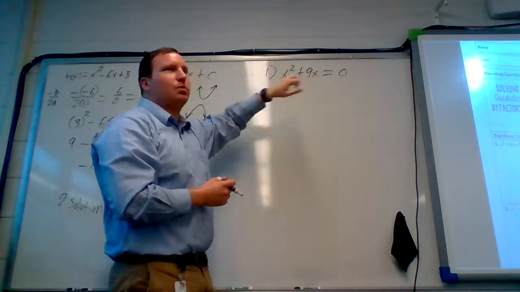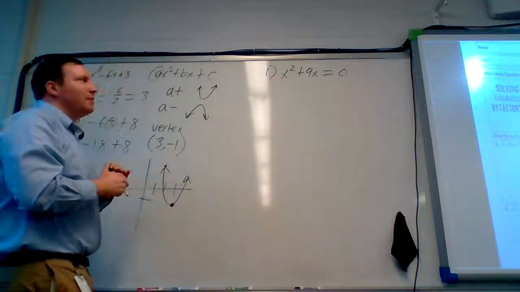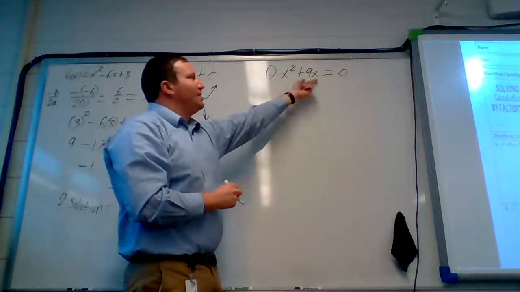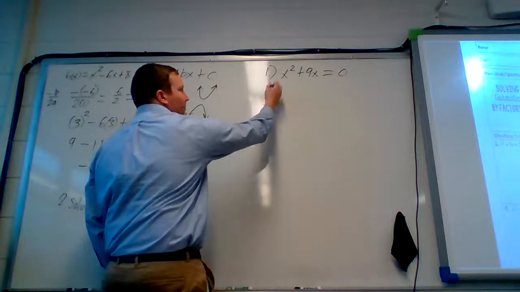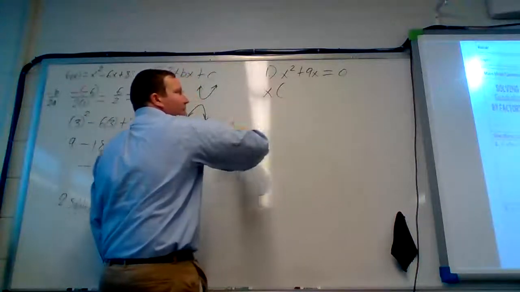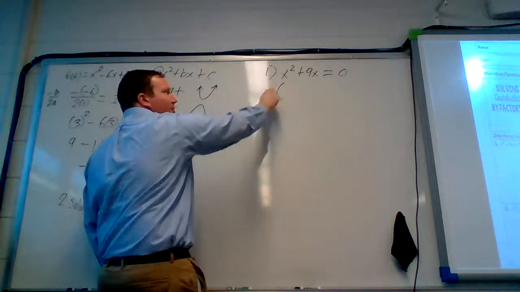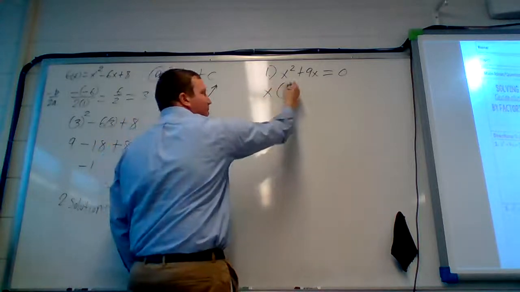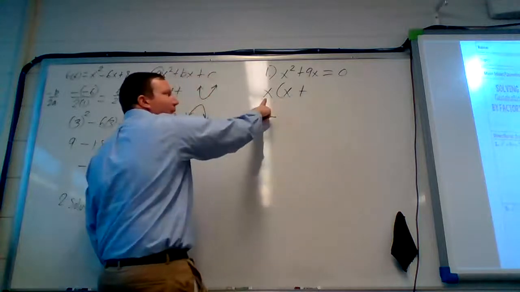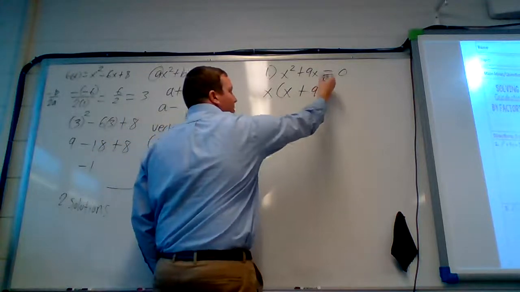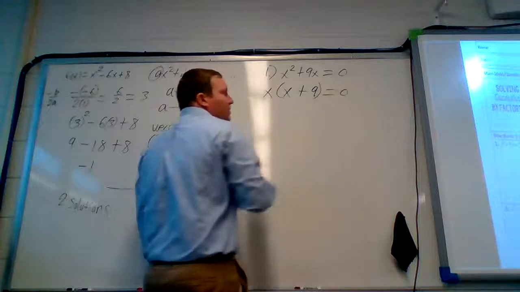Which of those would we use? GCF, right? What can we take out that these both have in common? An x. So I want to factor out an x. I'm dividing both by x, so x squared divided by x leaves me with x, plus 9x divided by x gives me 9. So we factored it.